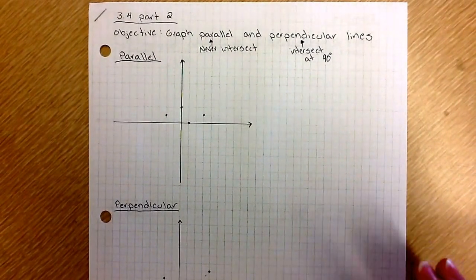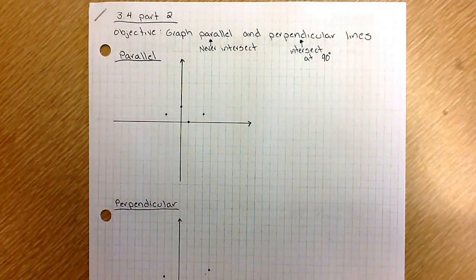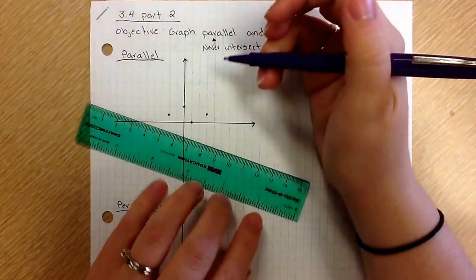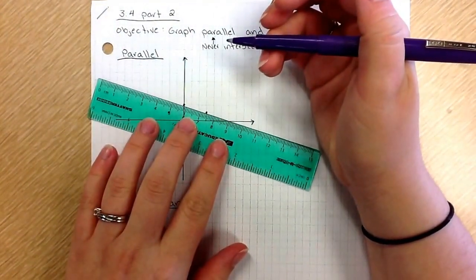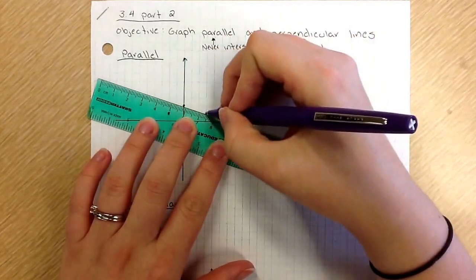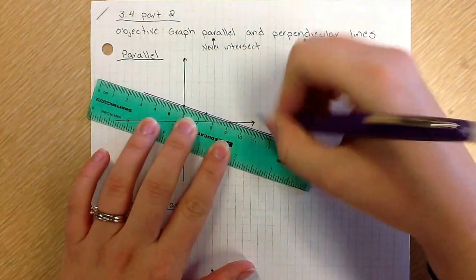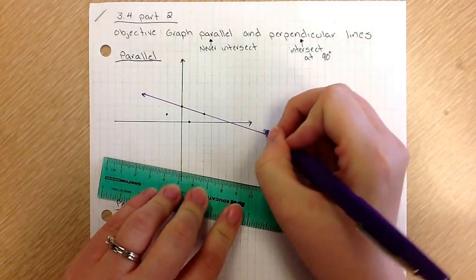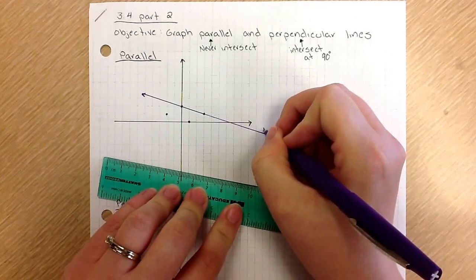Okay, so let's go ahead and first let's look at some parallel lines. I have some points here on my parallel lines. I have these 2 points I'm going to connect to make a line. So there's my purple line. We'll call that line 1.